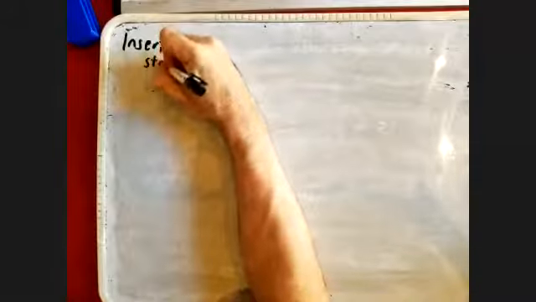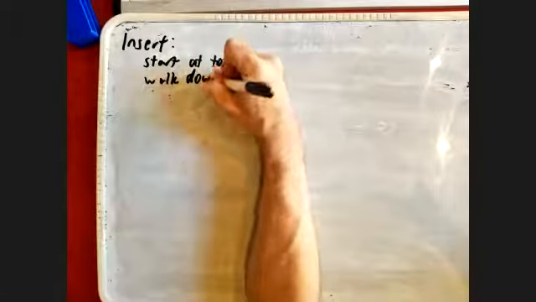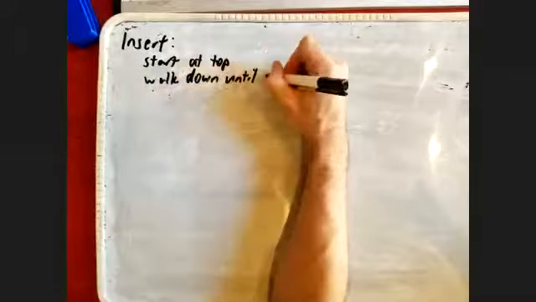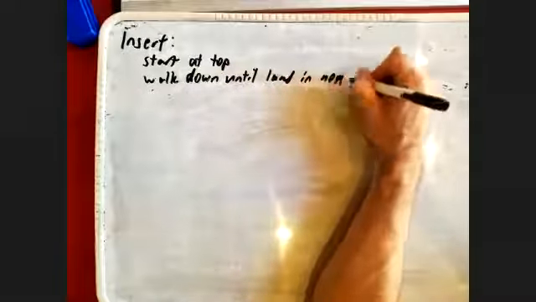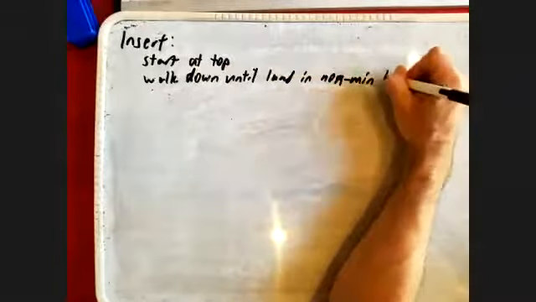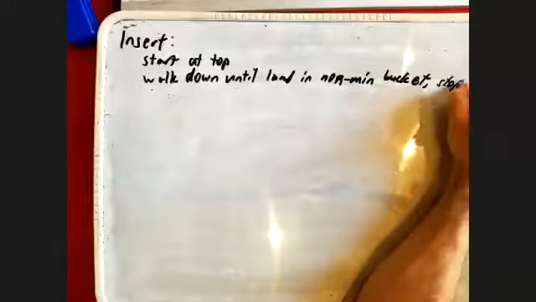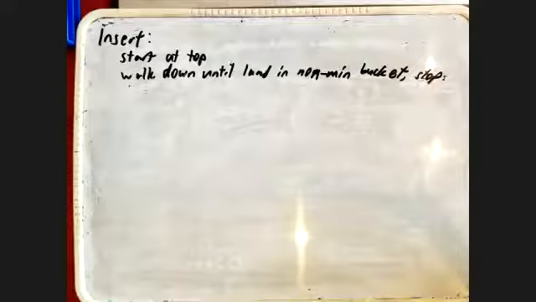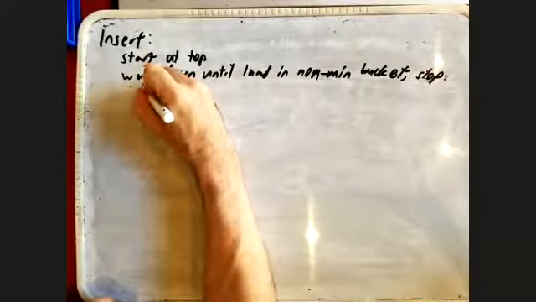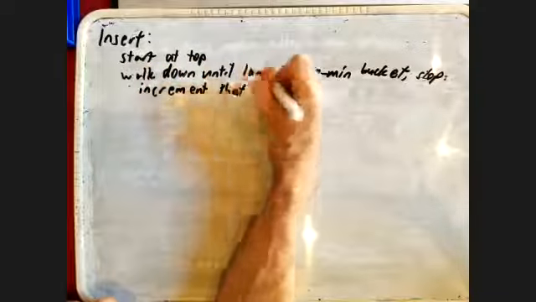Well, I just start at the top and I walk down until I land in a non-minimum bucket at some level. And then I just stop and put the item into that non-minimum bucket. Make sense? And then I also increment that level's item count.